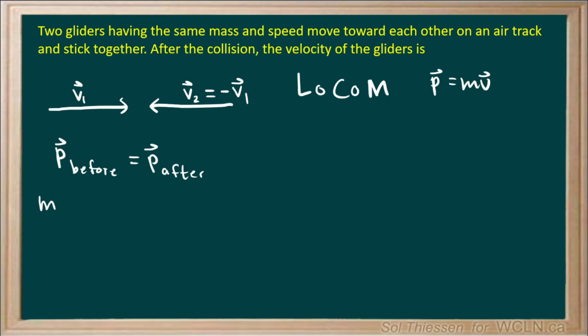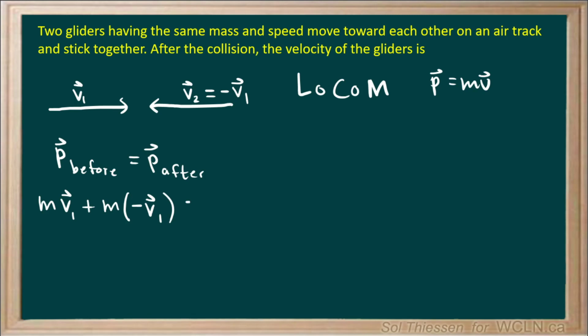So I'm just going to label it with a symbol m for both. So it'll be this mass times the velocity of the first glider, which we're calling v1, plus the mass of the second glider, again m, times the velocity of the second glider, which we determined to be the negative velocity of the first glider.